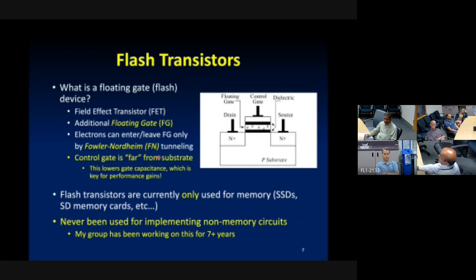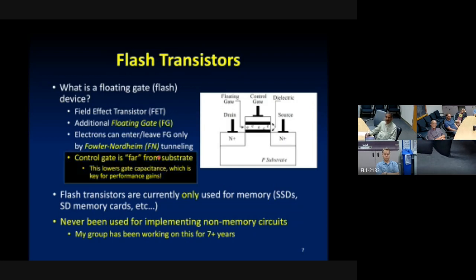The other good news, right, which is something that our results illustrate, is in a traditional transistor, there's no floating gate. So the actual gate is much closer to the substrate, i.e. the gate capacitance is larger because of the distance being small, right? So capacitance is inversely proportional to distance. But in the flash, the control gate is much farther away from the substrate.